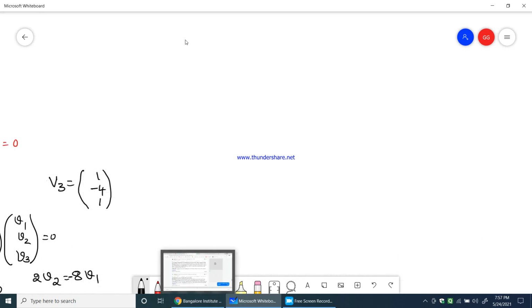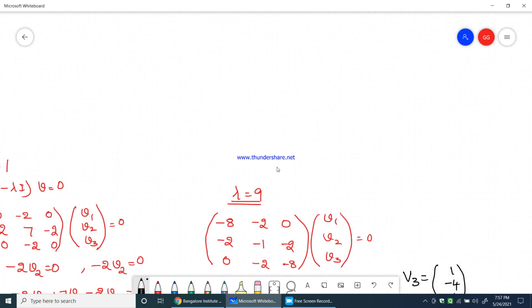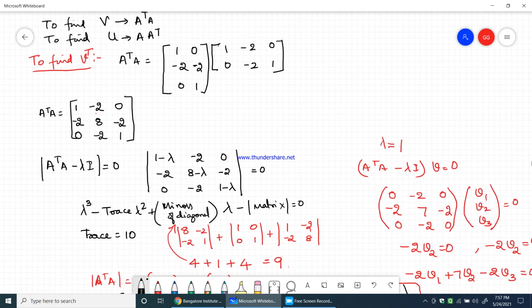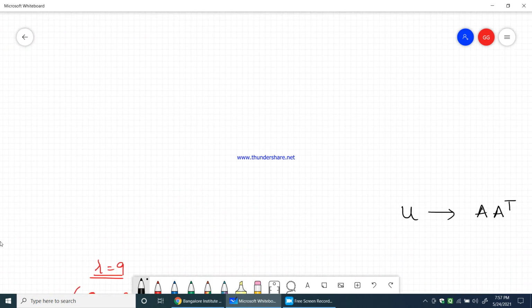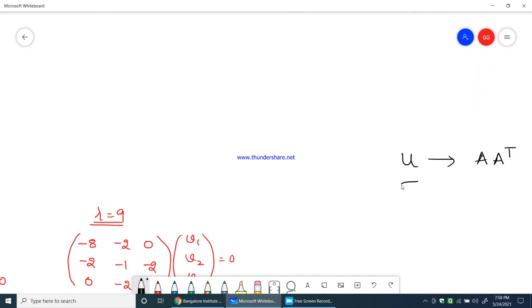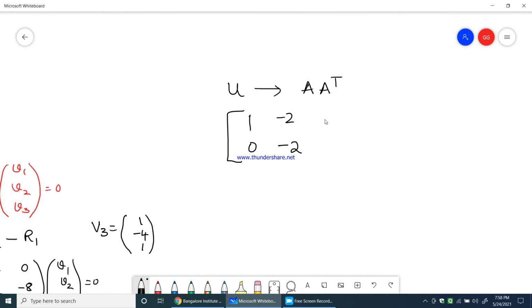So U is found by finding out A into A transpose. So what is A? A is 1, 0, minus 2, 0, 1, 0, minus 2, 0 and 1. This is A multiplied by A transpose.